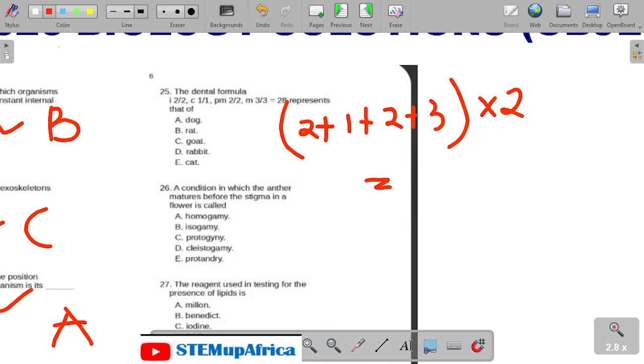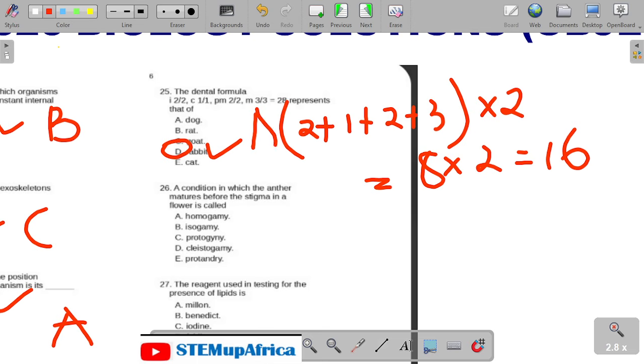What I have inside is 8. 8 times 2, we have 16. Okay, and the total teeth is 28. That is that of a rabbit, which is option D.